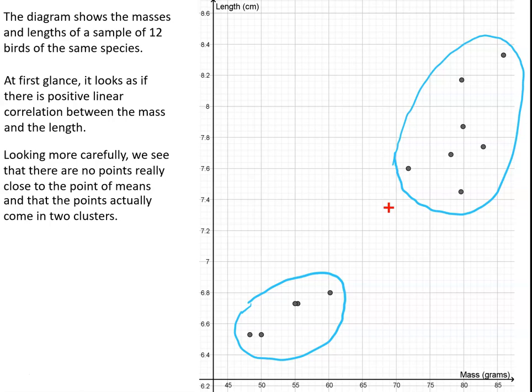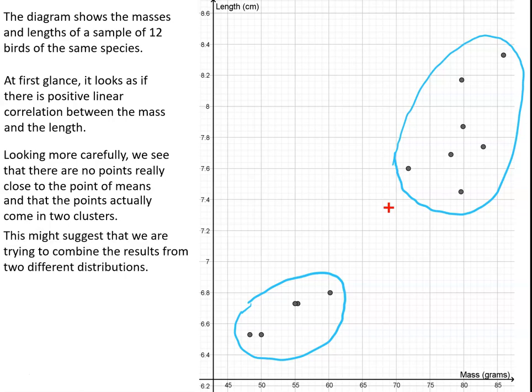Now, one wants to question what's going on when you see a graph like this, because it's possible that we might be trying to combine the results from two different distributions. For example, if the masses of the male birds and the female birds and the lengths of the male birds and the female birds are really different, then the data points of one cluster might correspond to the male birds, and the data points for the other cluster might relate to the female birds.